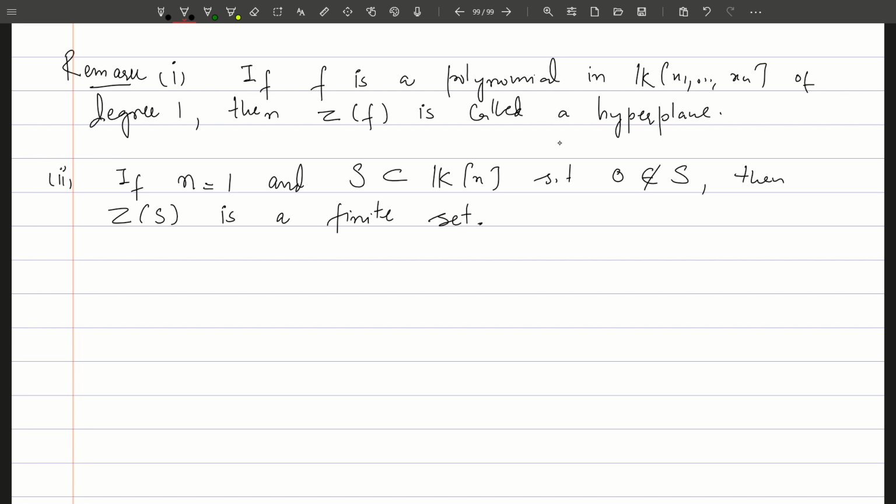So this means that the affine algebraic subsets of a line are the line and the finite sets. Because here the affine space will be A^1, which is actually a line. So the sets Z(S), which are algebraic sets, are just finite sets and the line itself.